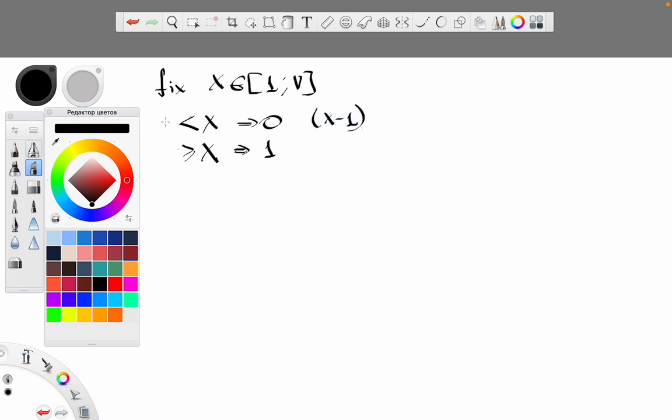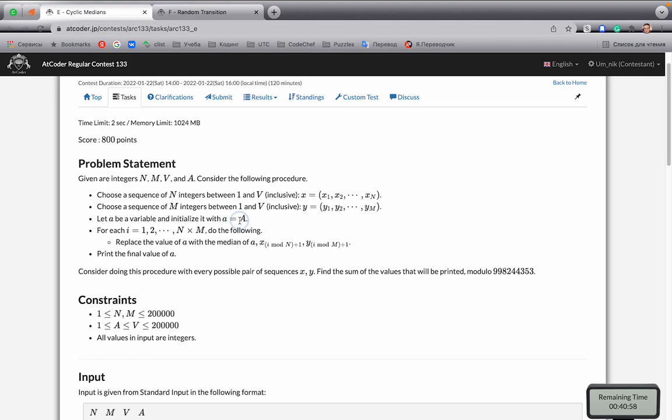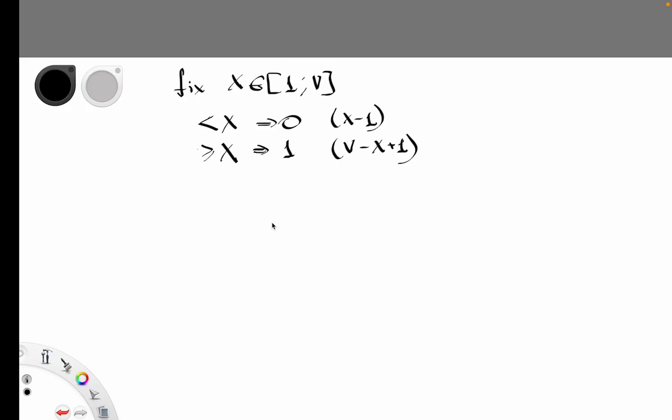So the count of zeros is x minus 1, and the count of ones is v minus x plus 1. Our initial value big A will just be something.